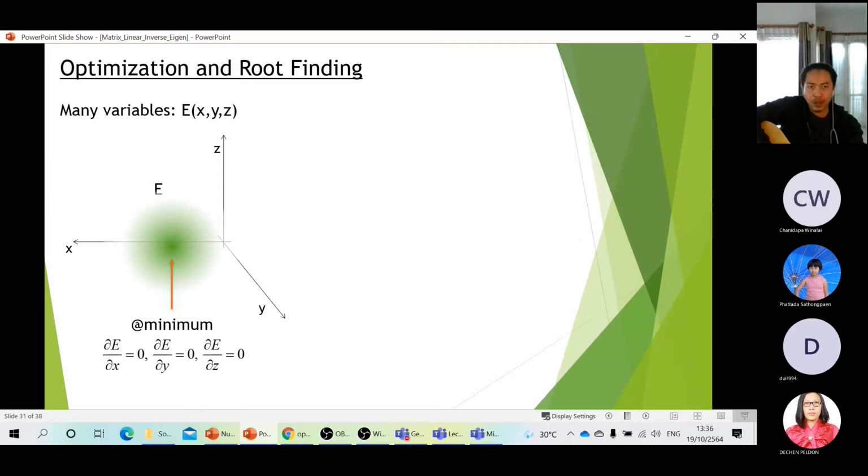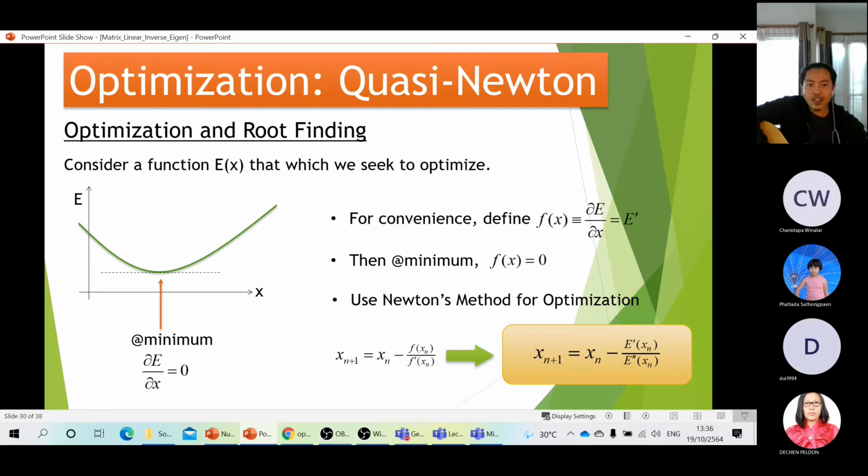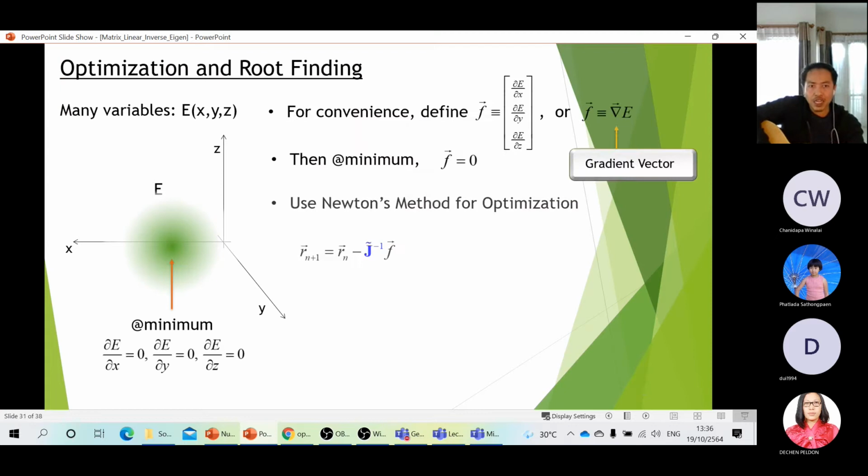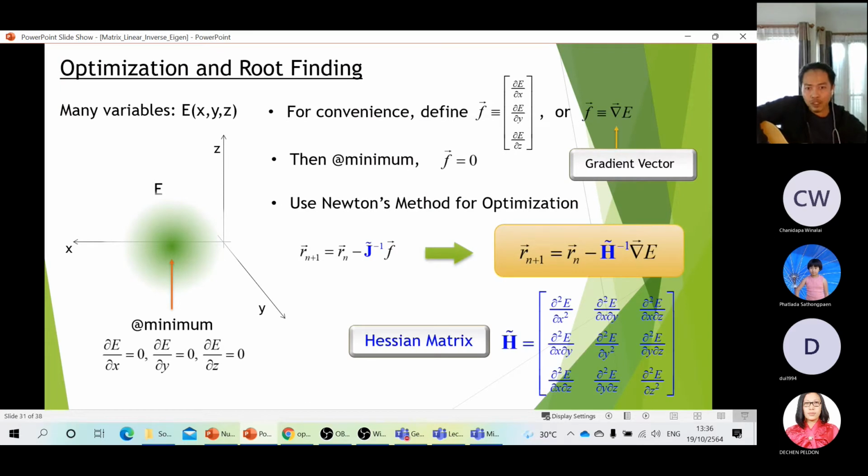In 1D, we go from f prime, the first derivative, to f double prime, the second derivative. In the same fashion for x, y, and z, we go from the Jacobian, the first derivative, to the Hessian, the second derivative matrix, defined this way.